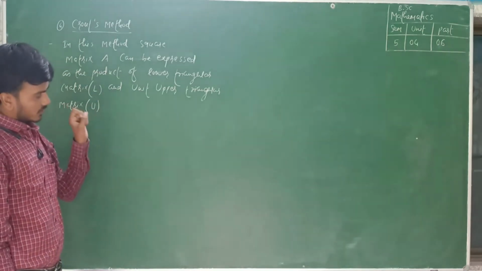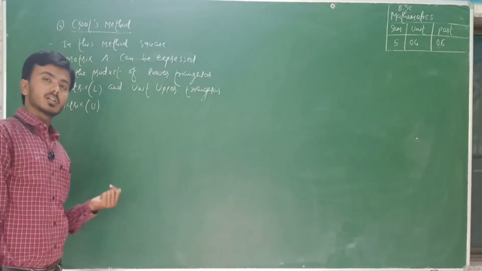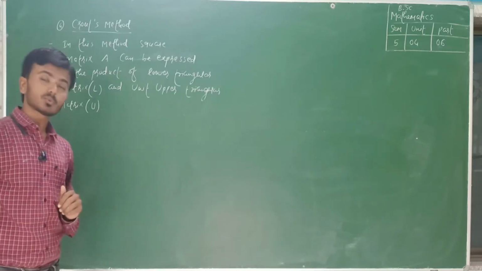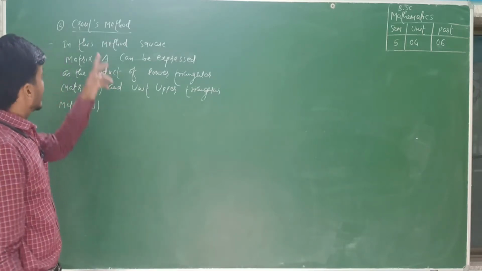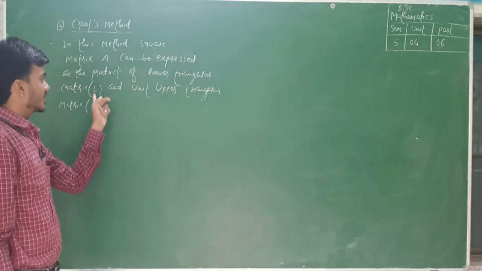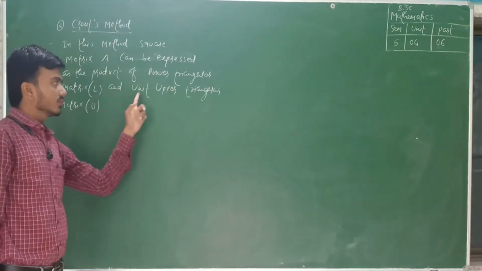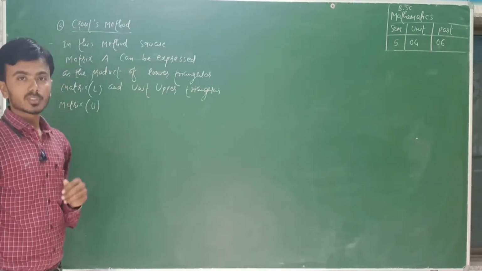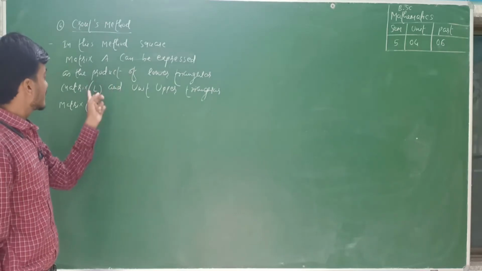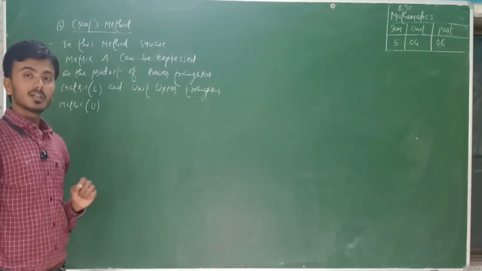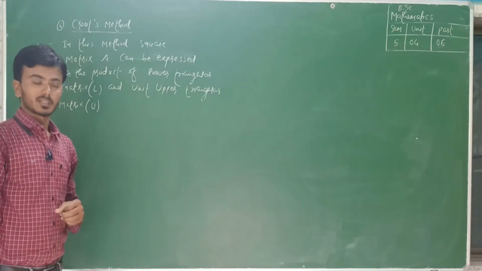This method is also evaluated the same as the LU decomposition method. But the difference between these two methods is that in Crout's method, L is a lower triangular matrix and U is the unit upper triangular matrix. Whereas in the LU decomposition method, L is the unit lower triangular matrix and U is the upper triangular matrix.